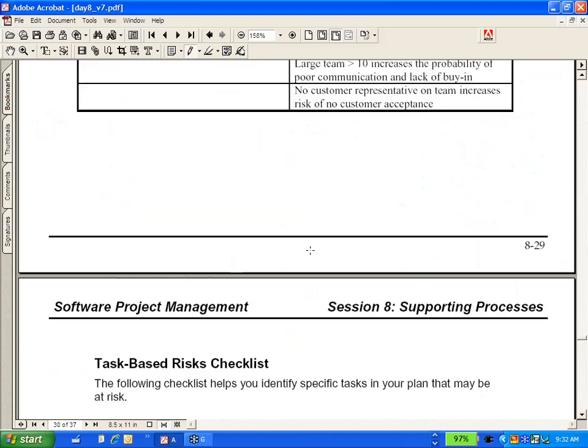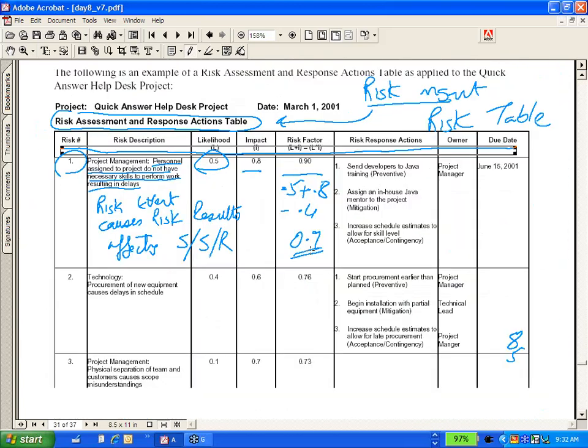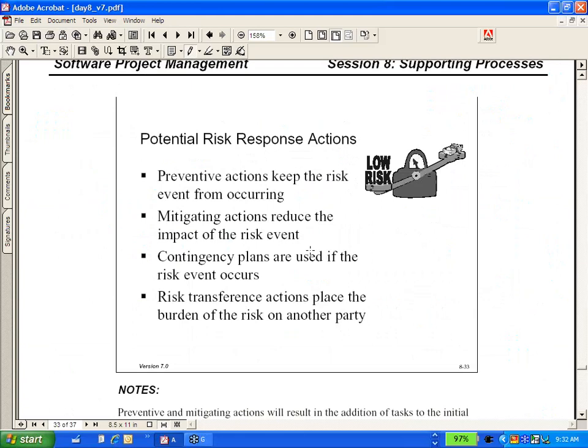Look at page 33. When you have identified a risk, now you have to figure out what you would do about that risk. What's the point of identifying something if you don't plan a response, right?